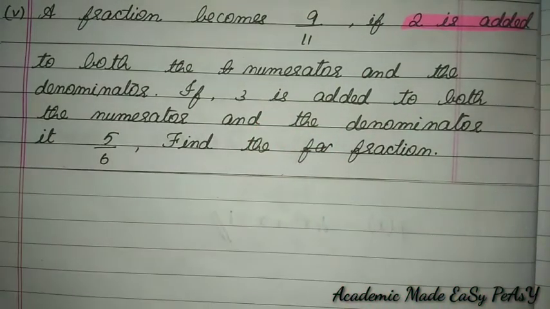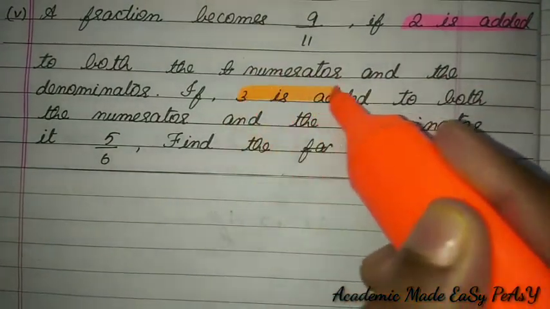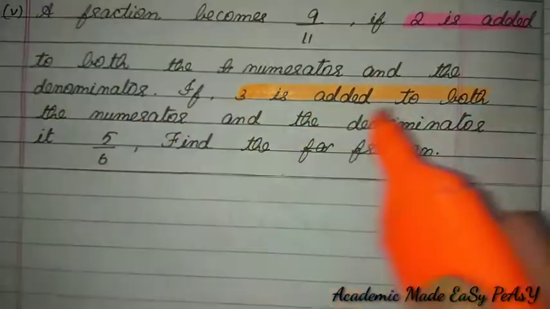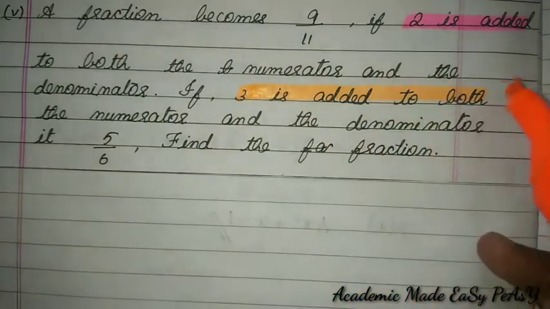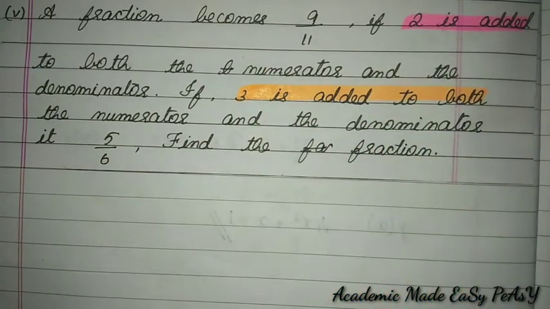If 3 is added to both numerator and denominator, it becomes 5 by 6. That is the equation.